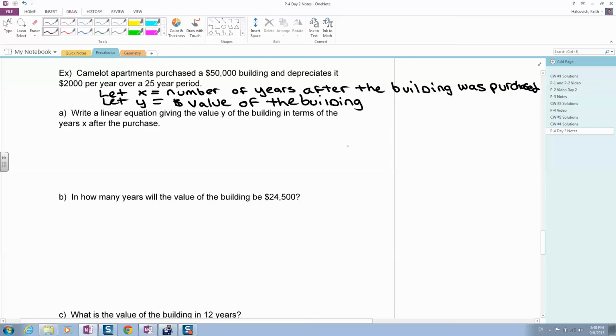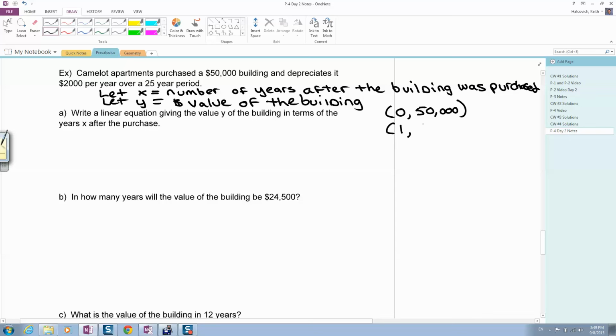So the first thing we know is basically that there's 2 points. We know when it was purchased, so that's 0 years after it's purchased, it was worth $50,000. That's the first point. And then the second point we know is that it depreciates $2,000 per year.